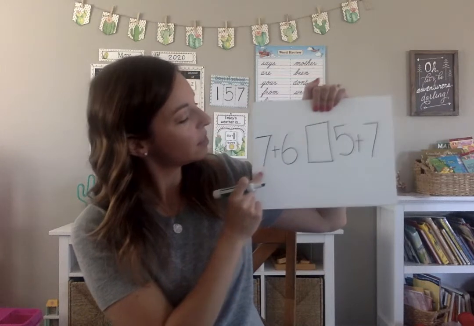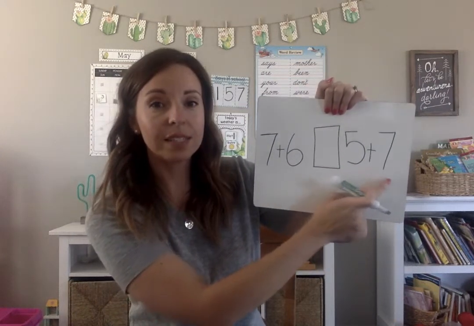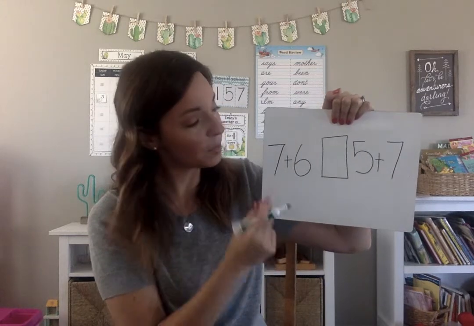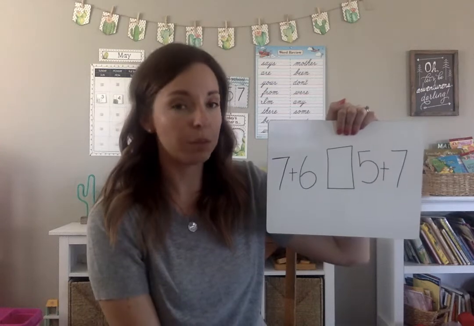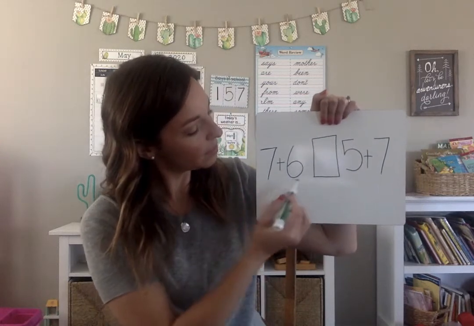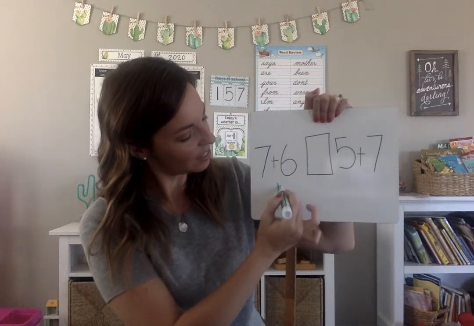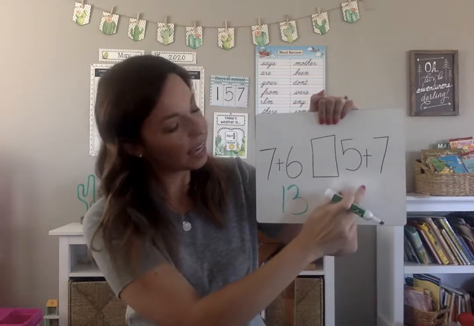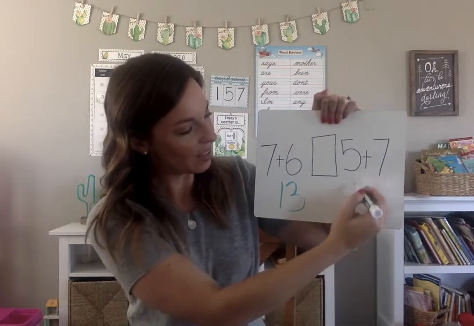This one says 7 plus 6, and then 5 plus 7. Okay, so first we have to get our answers for our math facts before we can move on. 7 plus 6 equals 13, and 5 plus 7 equals 12.